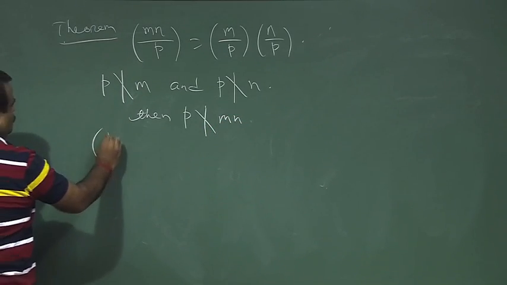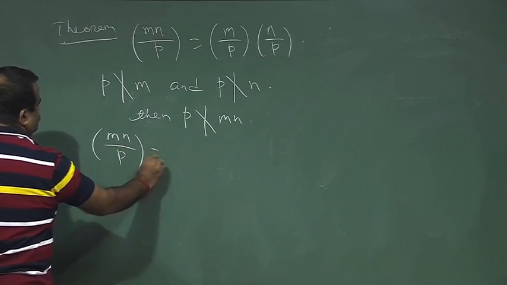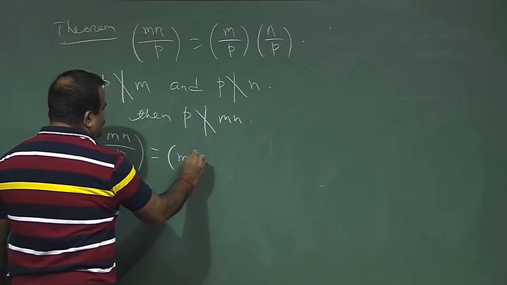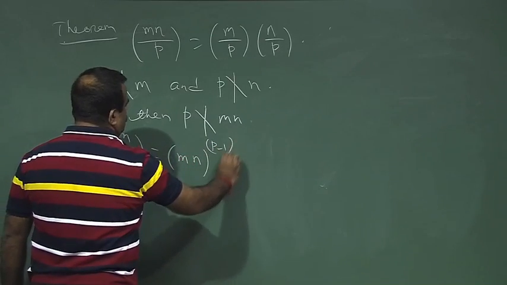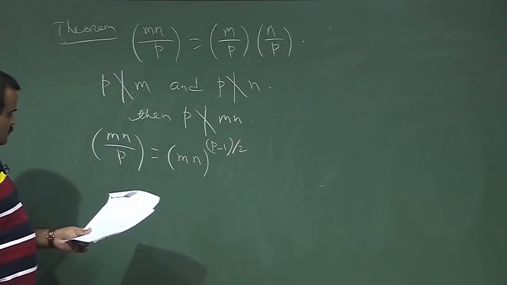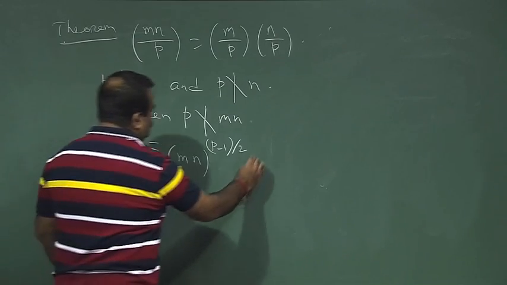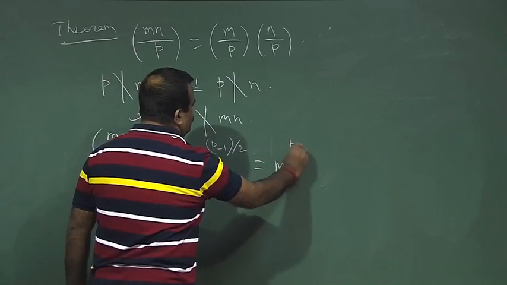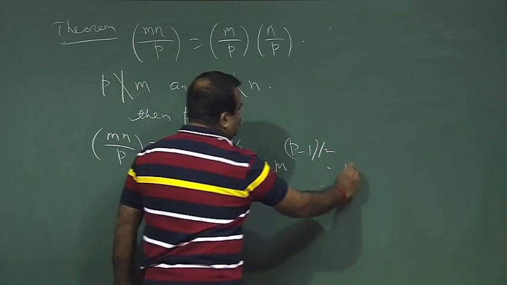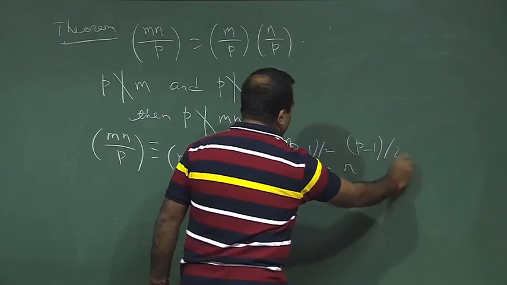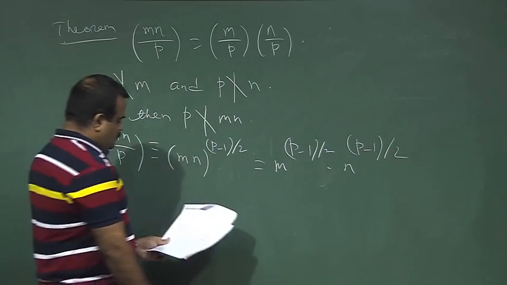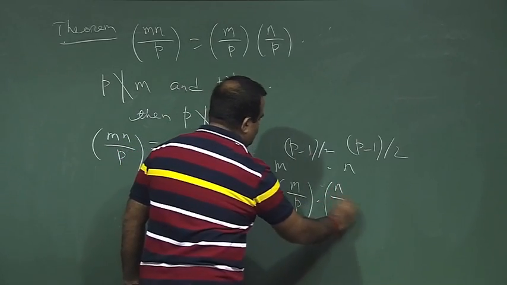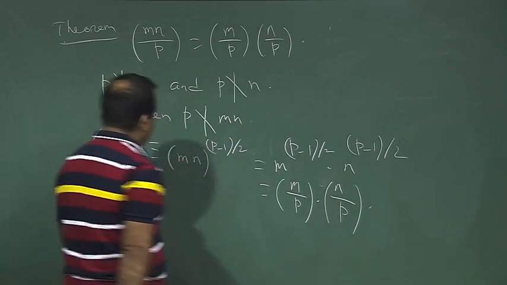In this case (mn/p) is, by the earlier theorem, Euler's theorem, (mn) to the power (p minus 1)/2 mod p. This is m to the power (p minus 1)/2 times n to the power (p minus 1)/2, which is (m/p) times (n/p).